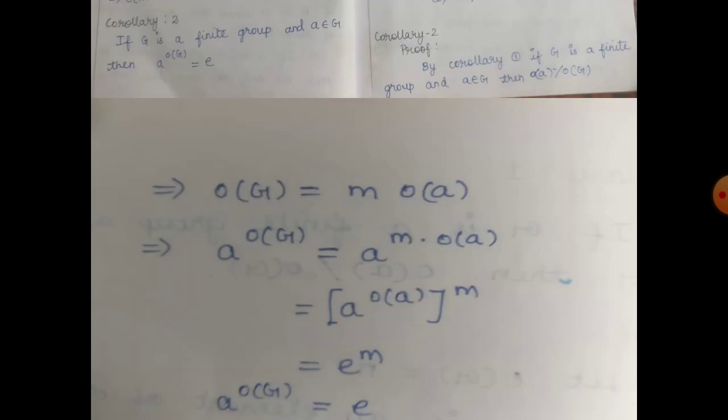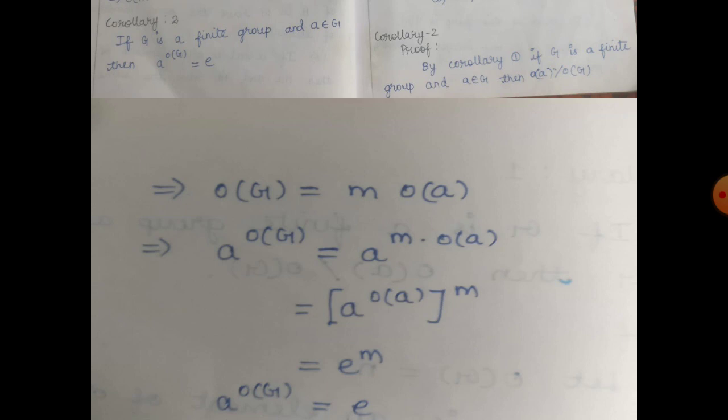The next corollary is: if G is a finite group and a belongs to G, then a to the power order of G is equal to e. Here we are using corollary 1. By corollary 1, if G is a finite group and a belongs to G, then the order of a divides the order of G. So we can write the order of G is equal to m times the order of a.